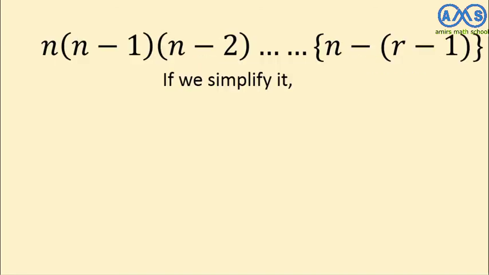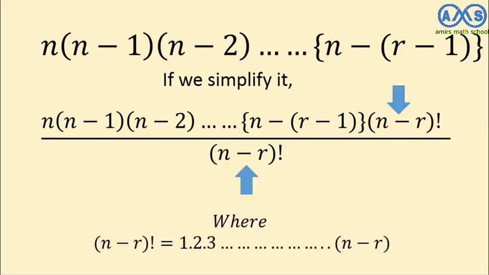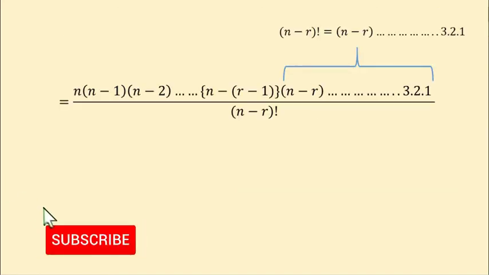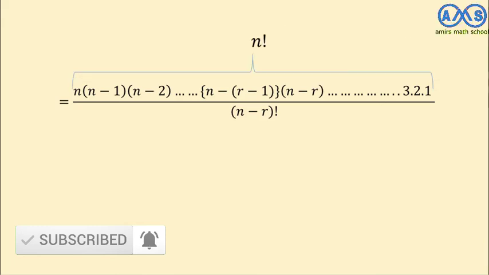We want to simplify it. For this, we multiply and divide by n minus r factorial. Here, n minus r factorial is the product of 1, 2, 3 up to n minus r. If we combine it with the numerator, we can write the whole value as n factorial.